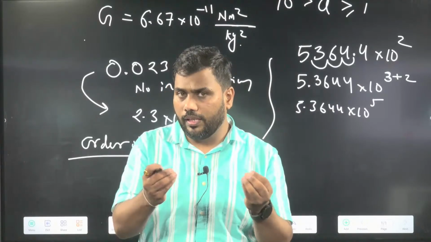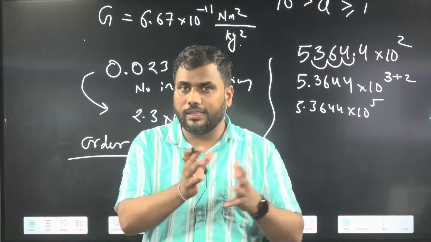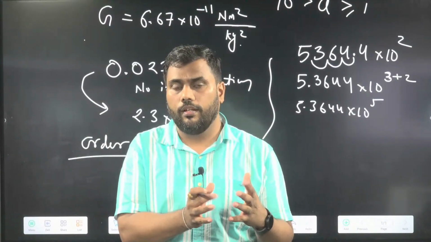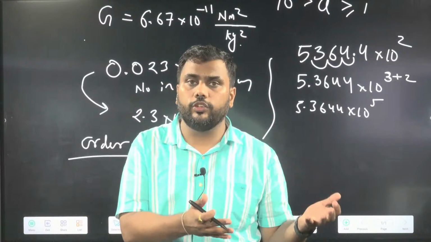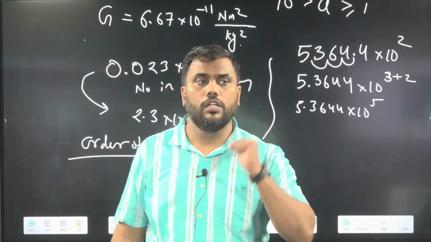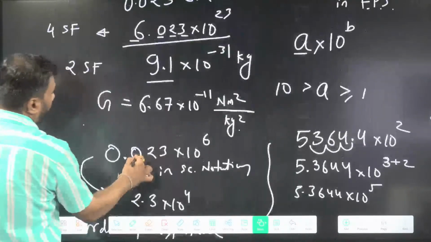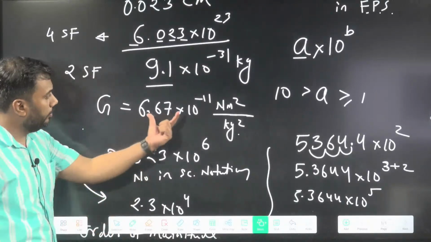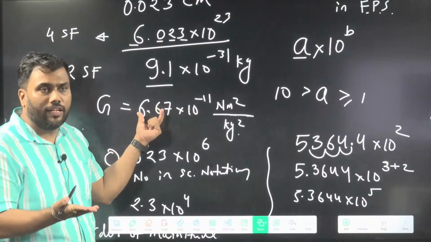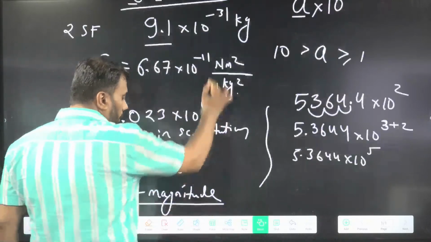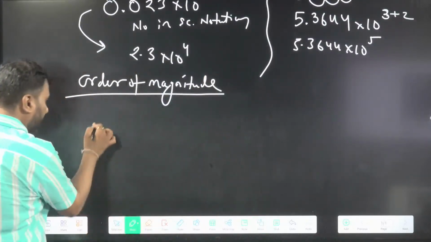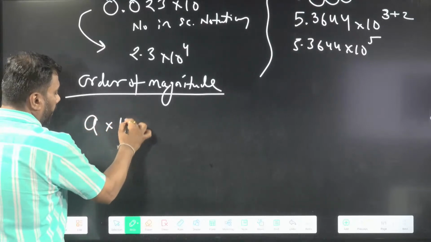What will be the approximate value of that physical quantity? In what powers of 10 should that physical quantity come? Those powers of 10 are called order of magnitude. For example, the value of G, this number is greater than 5. Whenever our physical quantity is reported in scientific notation, it's very easy to know the order of magnitude.